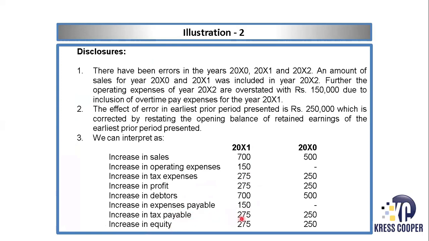Increase in equity. So this is what will have an impact in the third balance sheet that I was saying. Here, the expense that got changed belongs to X1 only. For X0, the only change will be reflected for the sales and its impact on tax and debtors, etc.